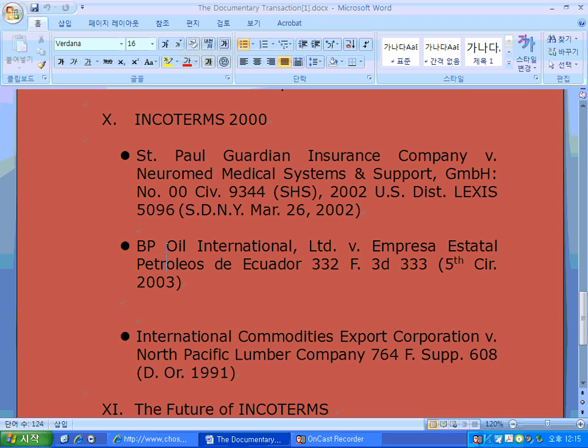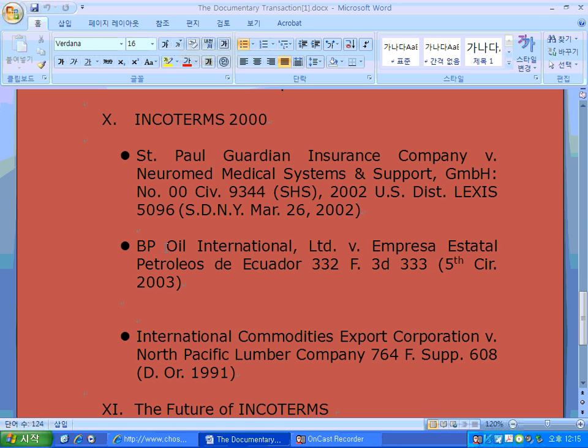So the ship's rail is the critical line in terms of place, to sever the seller's duty about risk of loss or damage to the subject matter of the contract, and also the cost.